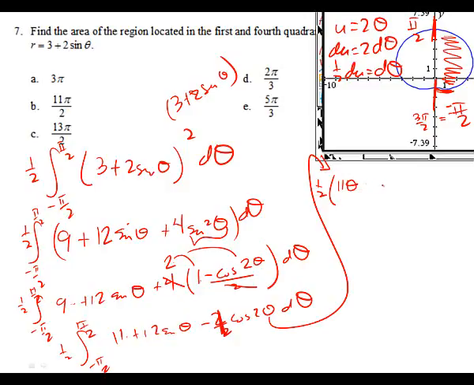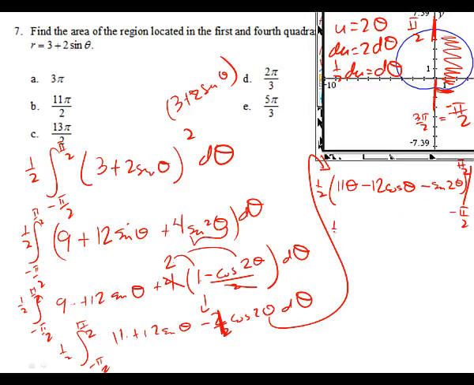When we integrate 12 sine theta, what do we get? Negative 12 cosine theta, good. And then when I integrate cosine theta, what do we get? It'd be negative sine because we have a negative here, right? Sine 2 theta. And that goes from negative pi over 2 to pi over 2.